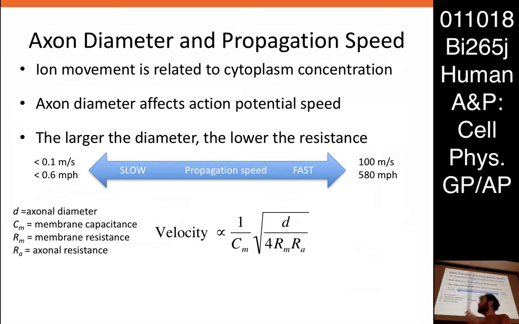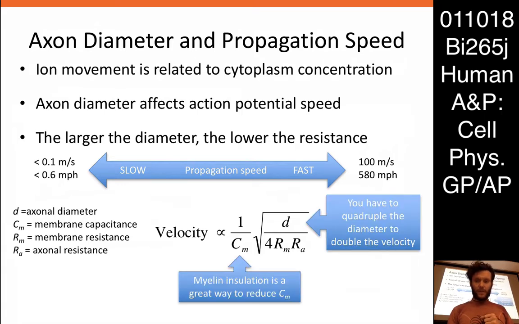I don't need you to memorize this at all, but I want you to know that there's a trade-off between speed and size. All right, the larger the diameter, the lower the resistance. There's a trade-off between speed and the axon diameter. I said that myelin insulation is a great way to reduce the membrane capacitance, and you have to quadruple the diameter to double the velocity.